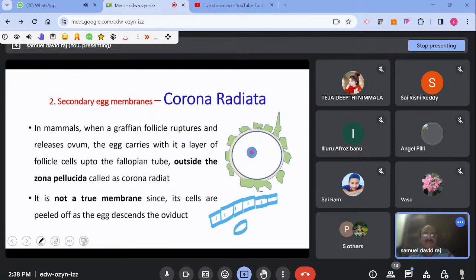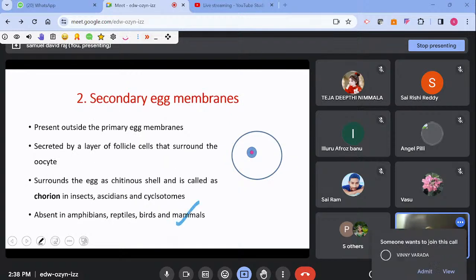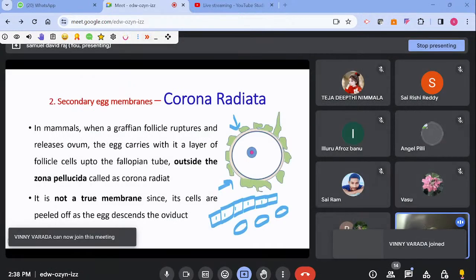If the cells are somewhat detached from each other, like here, we cannot call it a layer. That is the reason why we say the secondary egg membrane is absent in mammals. But what happens is somebody has come.